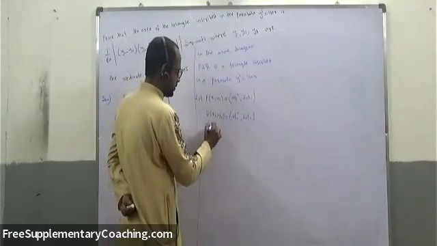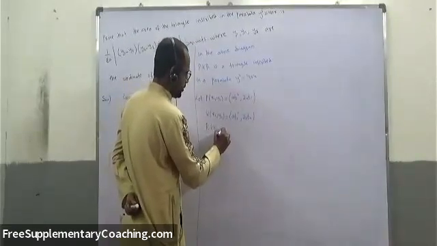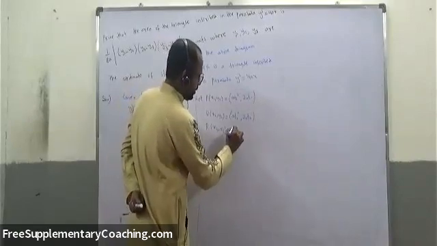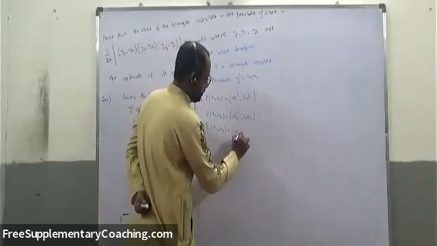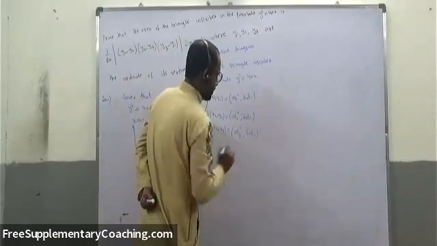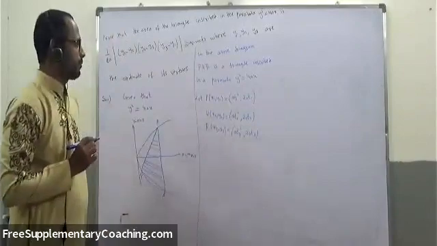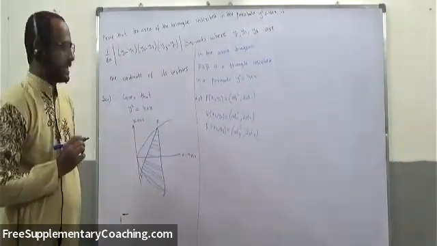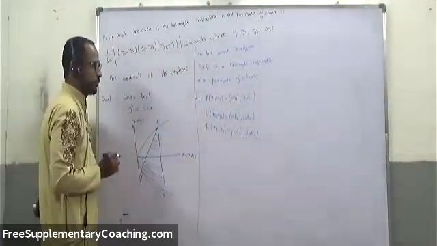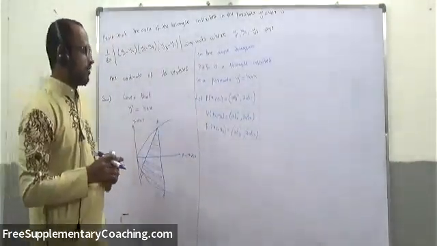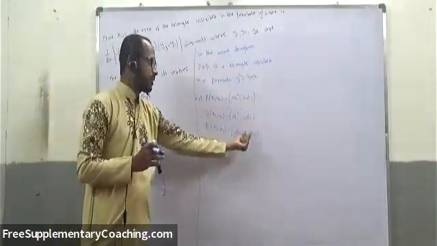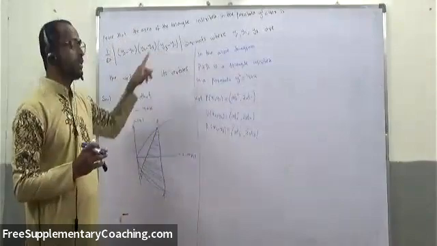R x3 comma y3 is equal to a t3 square comma 2a t3. These are the vertices of the triangle that is inscribed in a parabola. We have to show only the ordinate forms. Ordinate means only y-axis here. These all are in y.